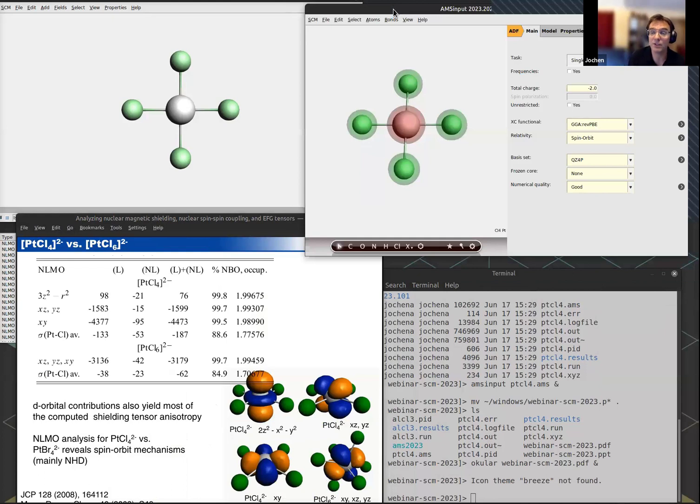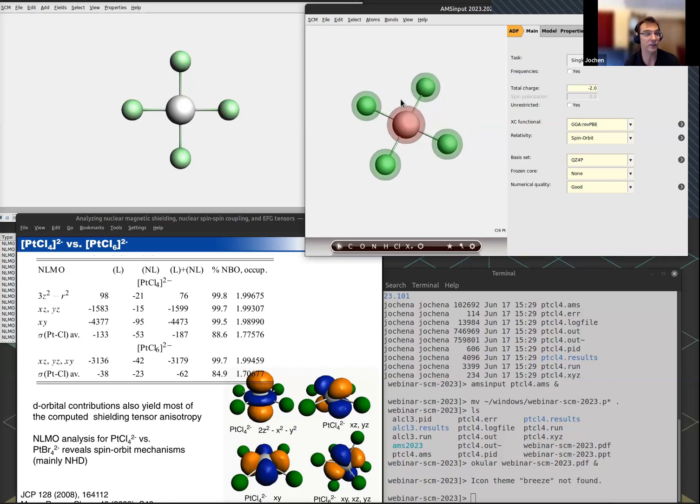Last week I set up a calculation here for this PtCl4 2- complex that we discussed. So here it is, and to reproduce the previous calculation, I used the QZ4P basis set on the platinum and the TZP ZORA basis set on the chlorine atoms.